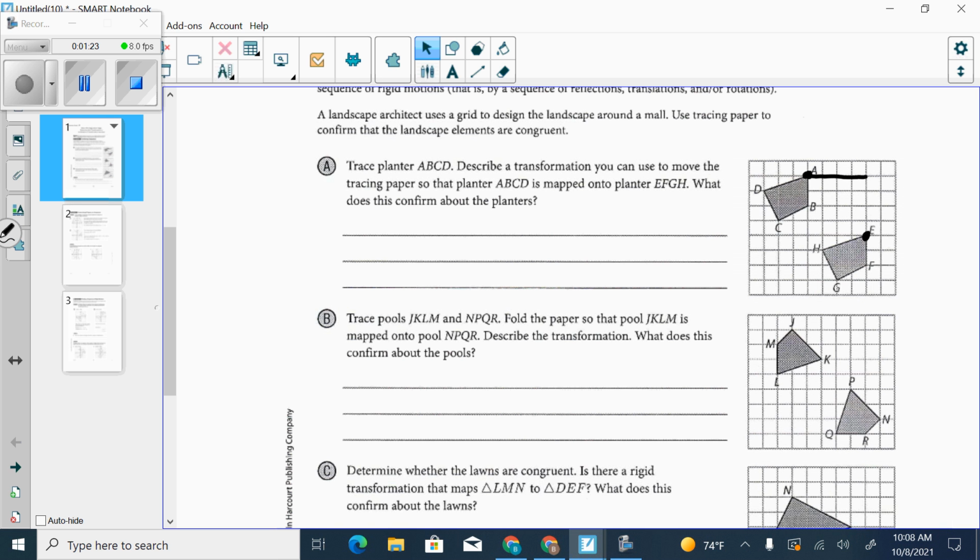How many? 4. And then so many points down. How many? 4. And that should be our translation, right? So our translation would be x plus 4, y minus 4, right?